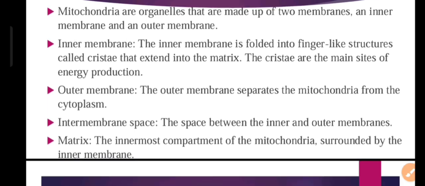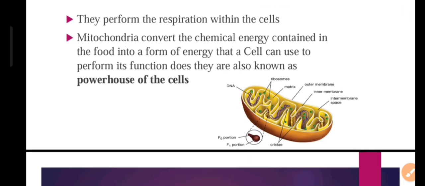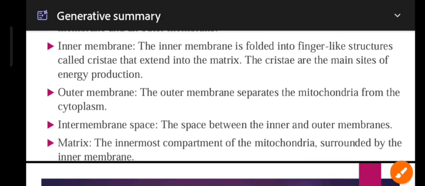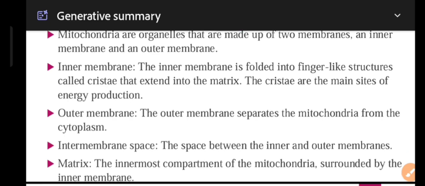This is the inner membrane and this is the outer membrane. See this picture, you can notice. The inner membrane is folded into finger-like structures called cristae and extended into the matrix.